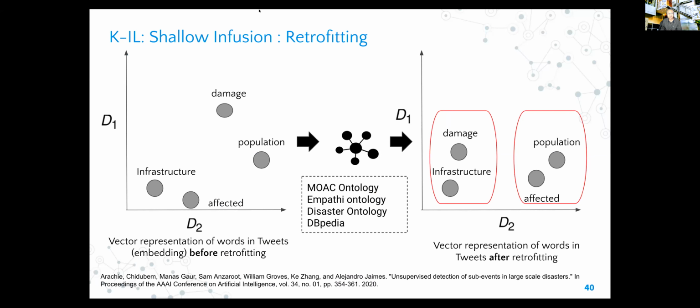Here is a simple visualization where on the left hand side you see the vector based representation of words in tweets using embeddings. But if you use a knowledge graph or some knowledge, you are able to bring damaged infrastructure or affected population closer, and that gives more meaningful insight from data compared to what you have on the left hand side.